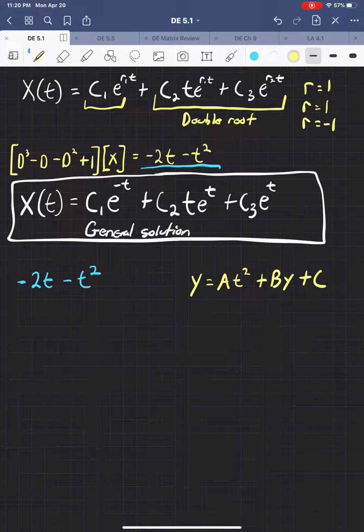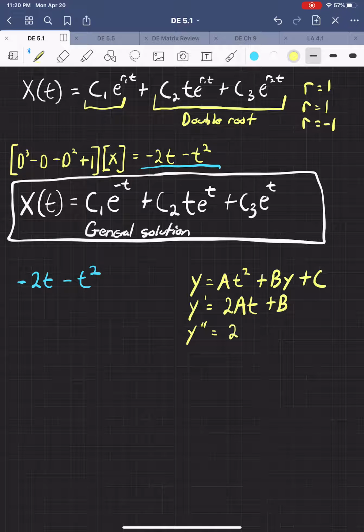And now I need to go ahead and take my derivatives, just like prior. Ready? So that would be y prime is equal to 2at plus b. Y double prime is simply equal to 2a.